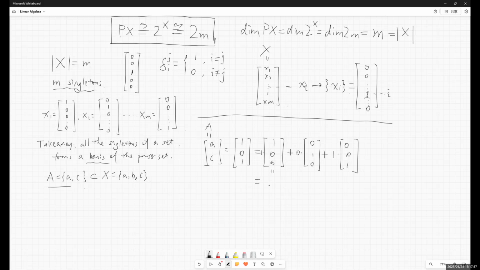And they are the basis from the singleton A, singleton B, and singleton C with binary coefficients.